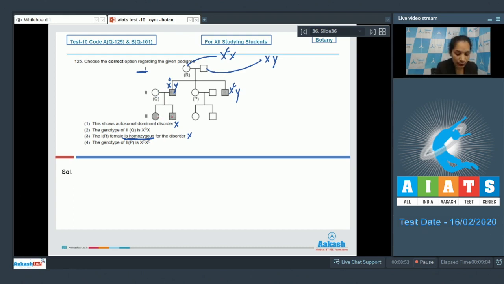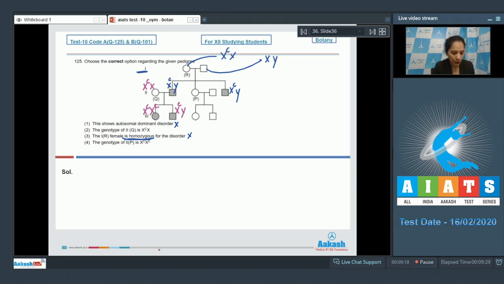You can see its progeny, both are affected. So this progeny should be heterozygous for the disorder or the carrier for the disorder. Then only offspring can be affected. Now here, one XC from the mother and the other one from the father. And here, XC from the mother and the Y from father.